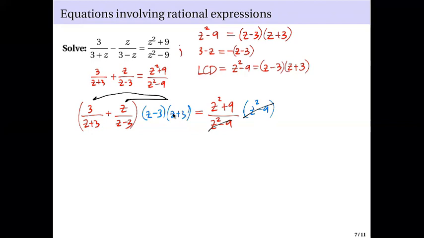So we will only have 3 times z minus 3. For this part, the z minus 3 will cancel the z minus 3 here. So we will have plus z times z plus 3. And of course, on the right hand side, you have your z squared plus 9.